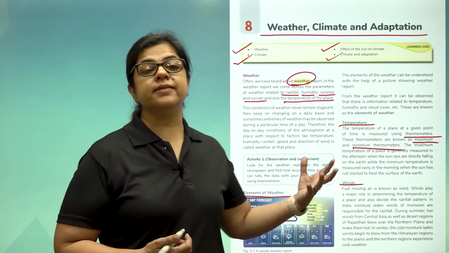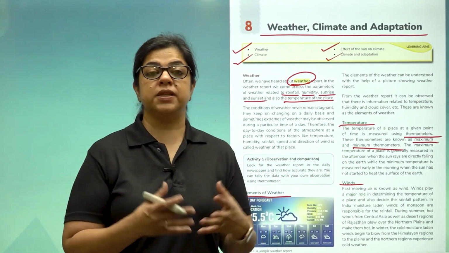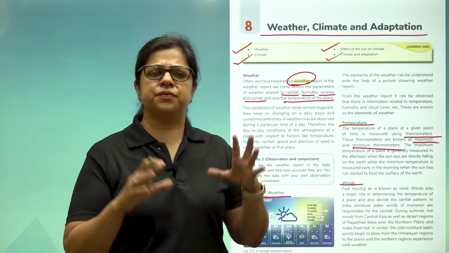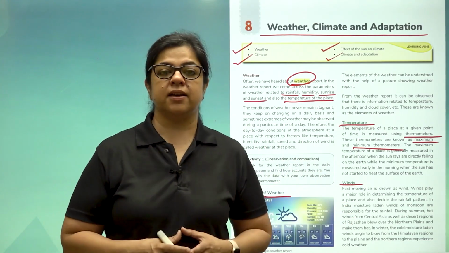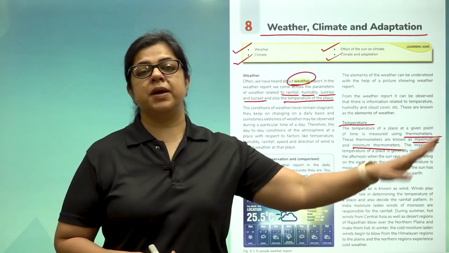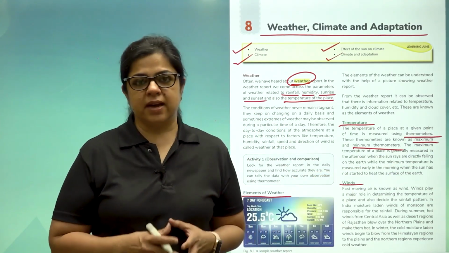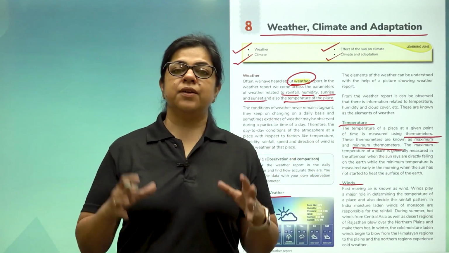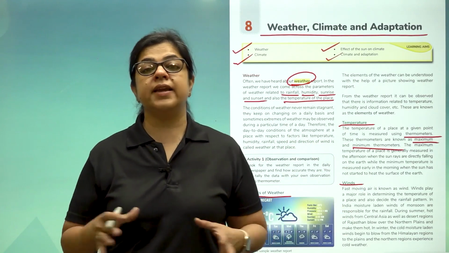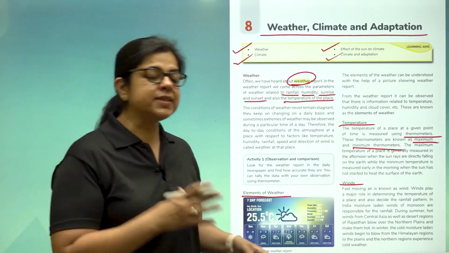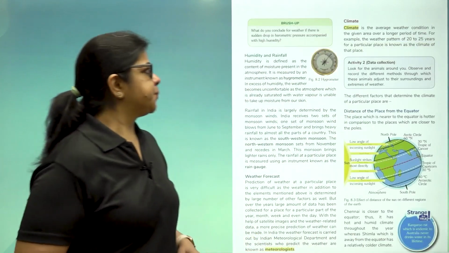How does wind decide what is going to be the weather of the day? If it is windy, even if it is very, very hot, very sunny, the temperature drops because the wind dissipates the heat of the sun. On the other hand, on a non-windy day, even a soft sun can feel very harsh because there is no wind to dissipate the heat coming from the sun.